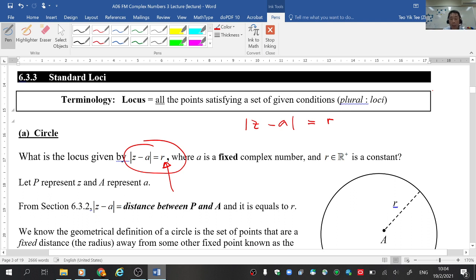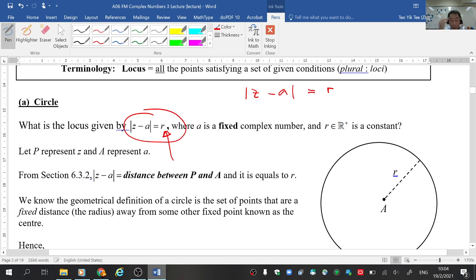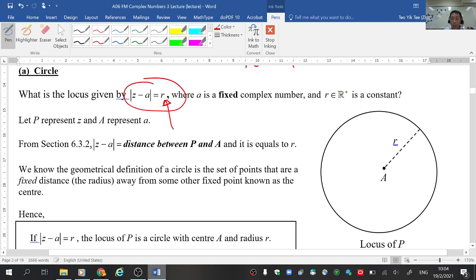So if you look at it in the context of common sense, imagine your point A. Give me a point that is distance r away from you. You actually generate a circle. That point is always r distance away from you if you are point A, so you actually form a circle around you with you as the center of the circle.